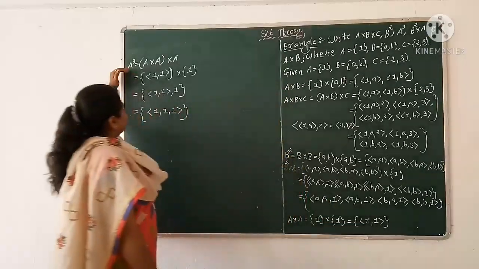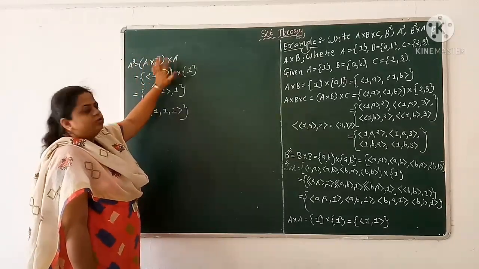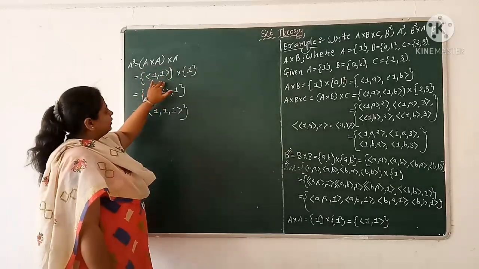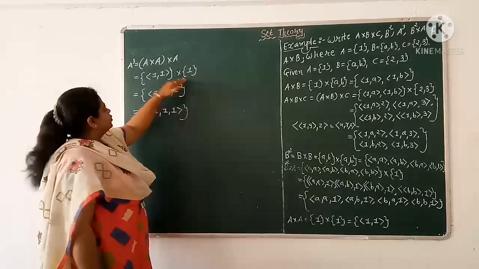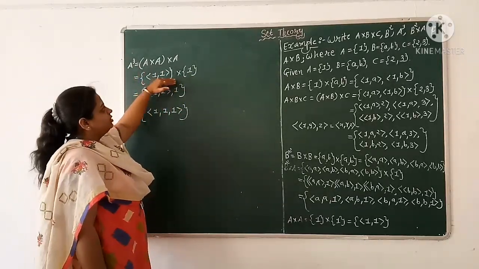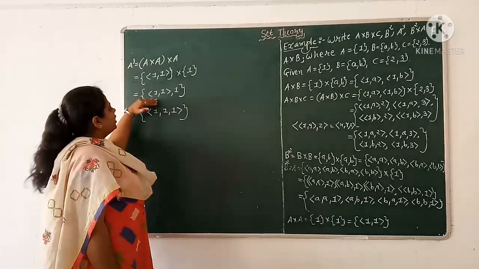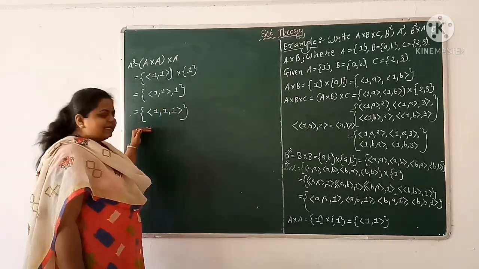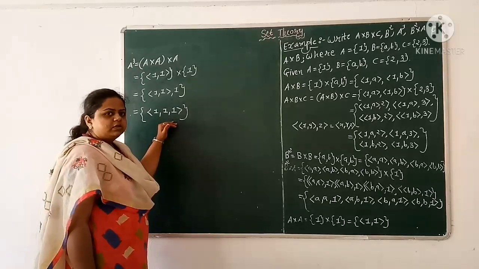Now A cube is equal to A cross A cross A, and we have A cross A equal to {(1, 1)}, cross A, equal to {1}. So A cube is equal to {(1, 1)} cross {1}, which is equal to the set of ordered triple (1, 1, 1).